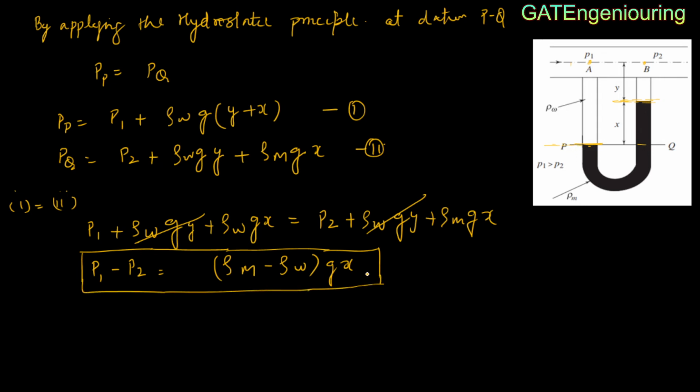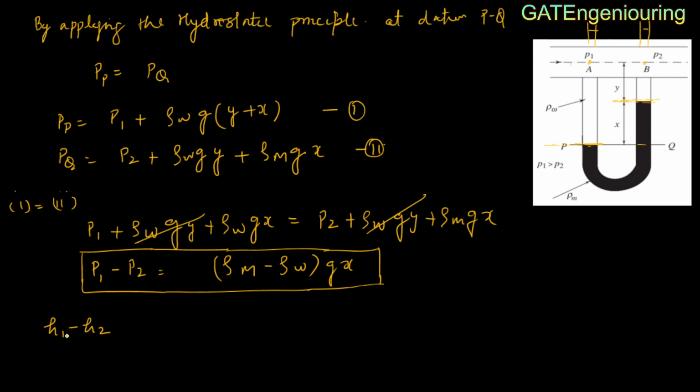Now sometimes we require pressure head instead of the pressure difference, and in that case we can write that h1 minus h2 is the pressure head, where h1 is the piezometric height if one tube is added here as a piezometer and one tube is added here as a piezometer, so it will show some level of fluid.